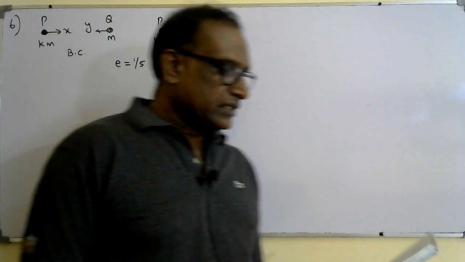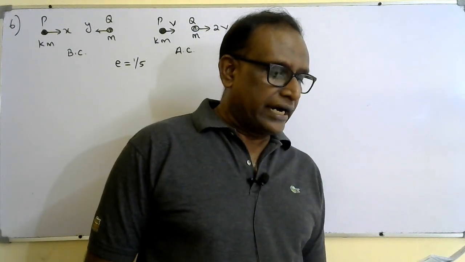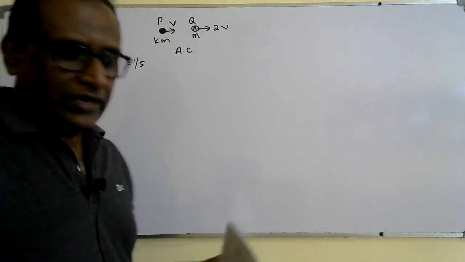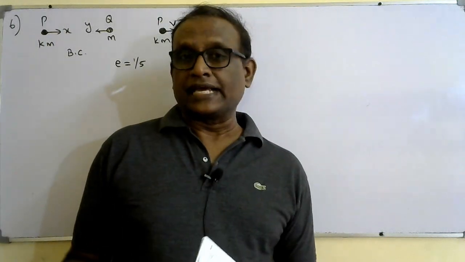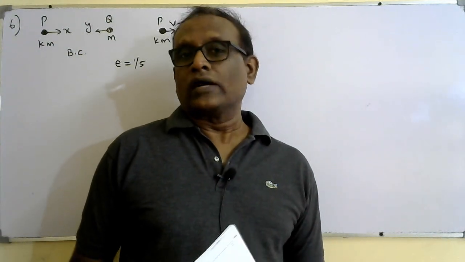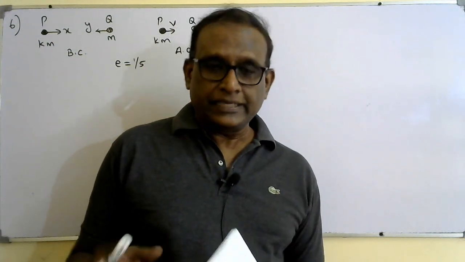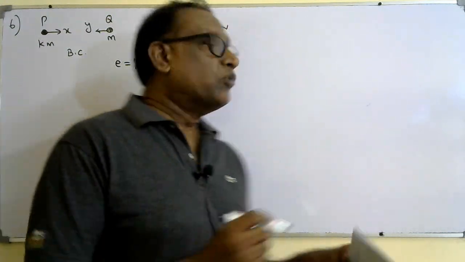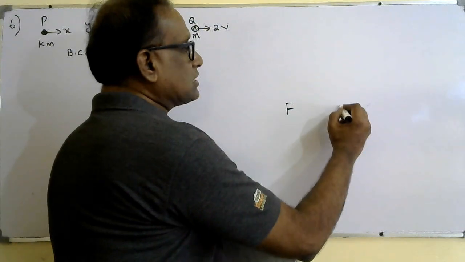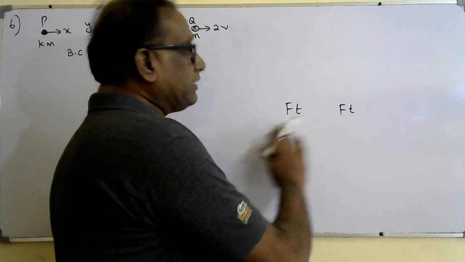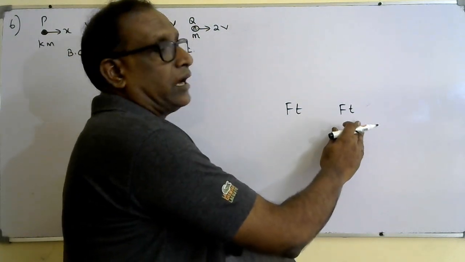The magnitude of the impulse received by Q in the collision is 5mv. Whatever it is, both will receive the same impulse according to Newton's second law, and also Newton's third law. The force exerted by P on Q is the same as the force exerted by Q on P. So both experience the same force for the same time while in contact during collision, so Ft will be the same on both particles.